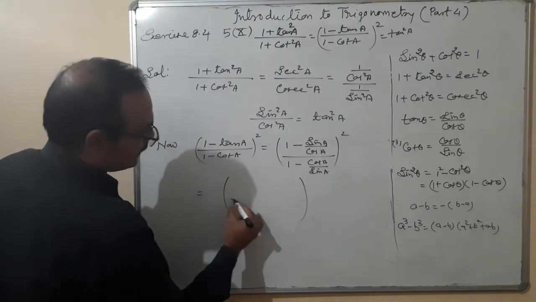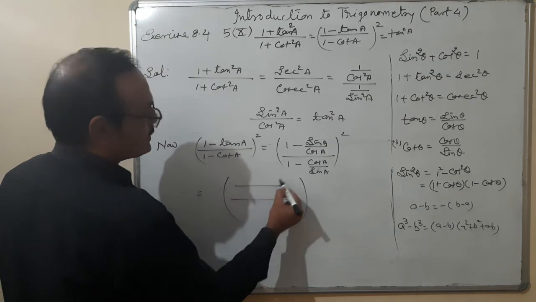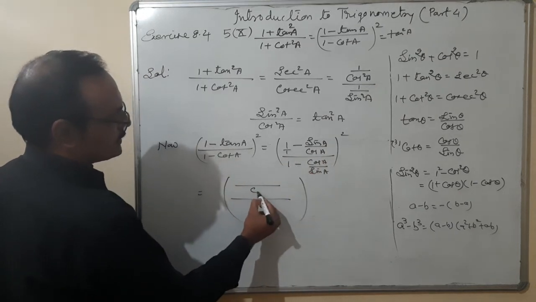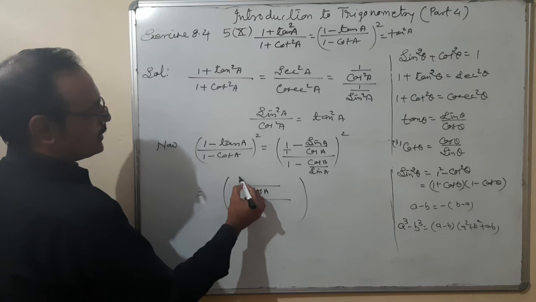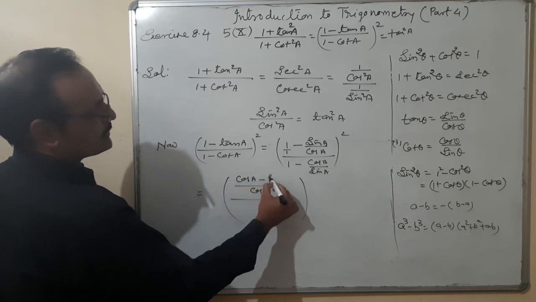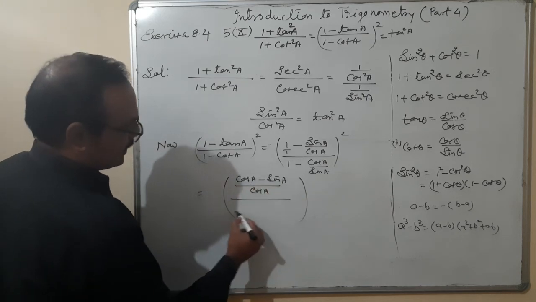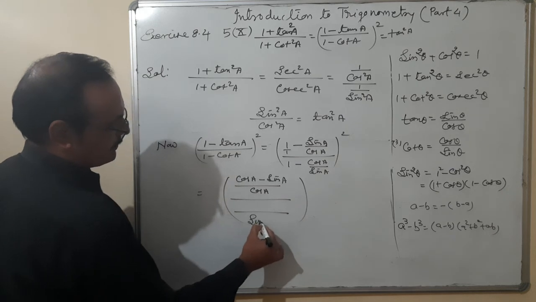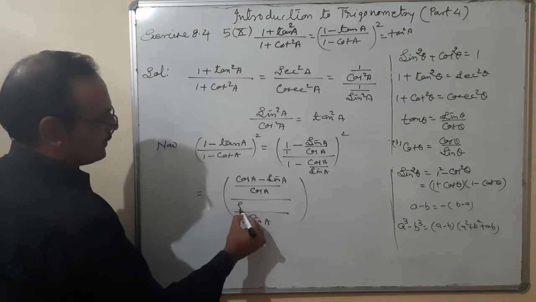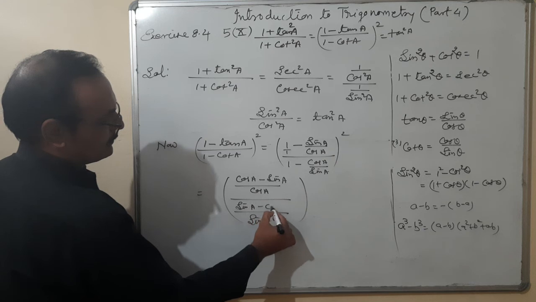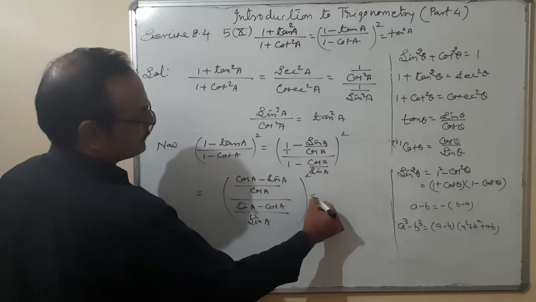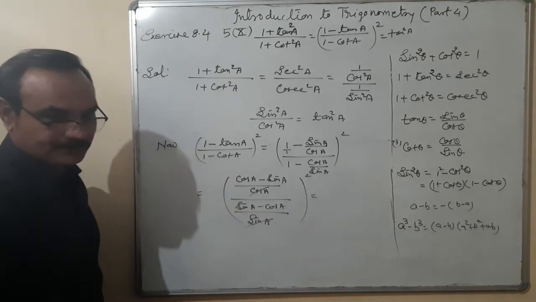Now, what I am doing here: LCM of 1 upon 1 and cos A, that is cos A. So it is coming cos A minus sine A. Here LCM is sine A, that is sine A minus cos A, whole square. Second term, fourth term cancel.